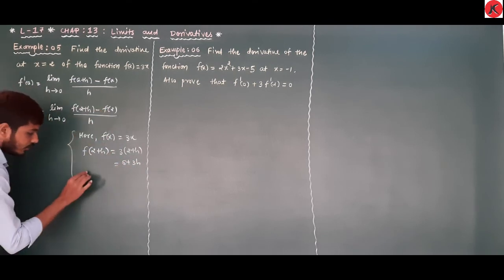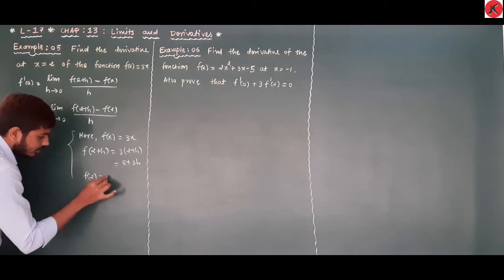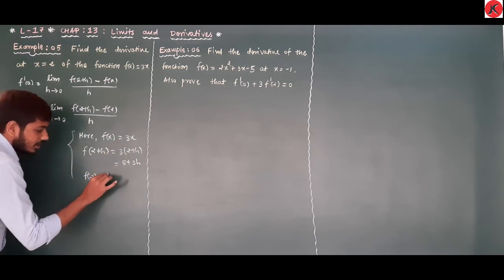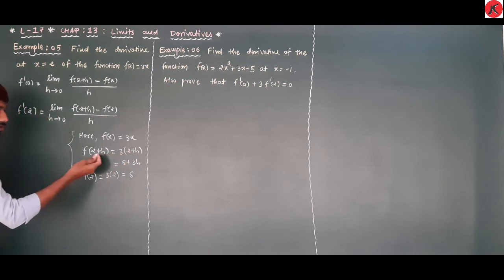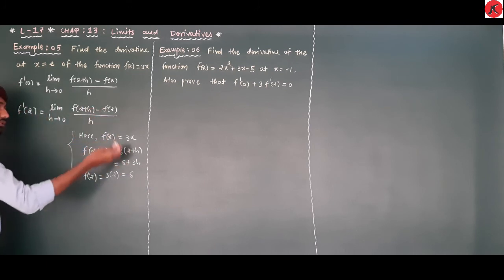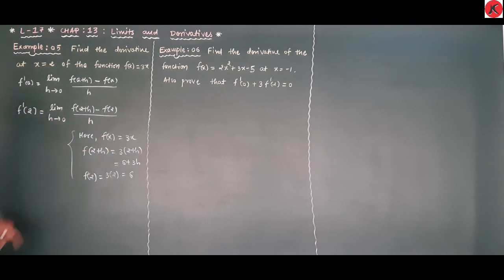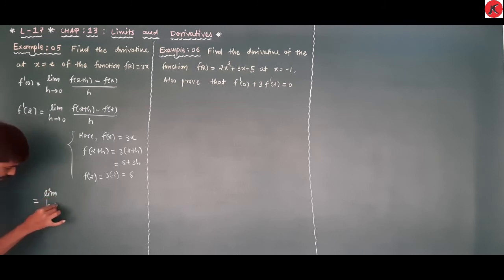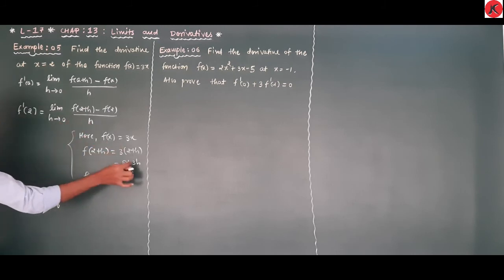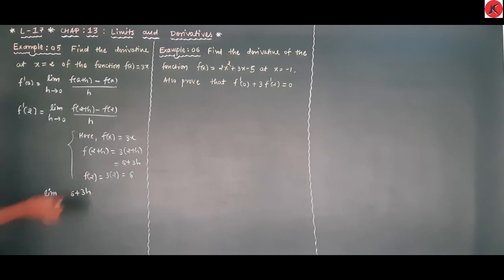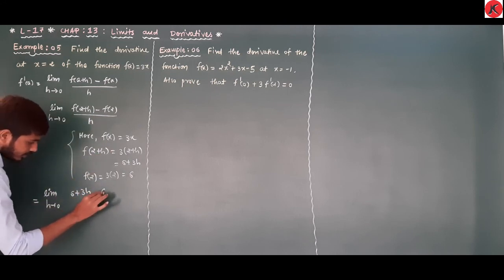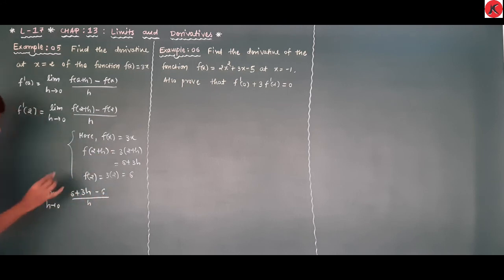Same way, we want f of 2 also. Put this function 3 into 2, we will get 6. Put these two values, f of 2 plus h and f of 2, in this definition. Therefore we are getting limit h tends to 0 of f of 2 plus h, which can be written as 6 plus 3h, minus f of 2, which means minus 6, divided by h.